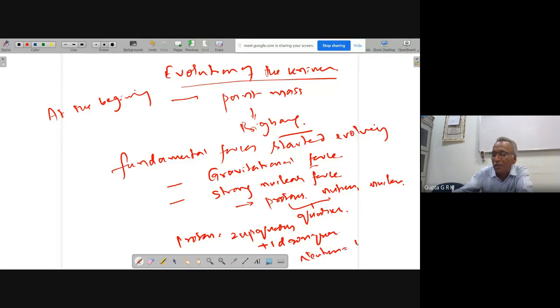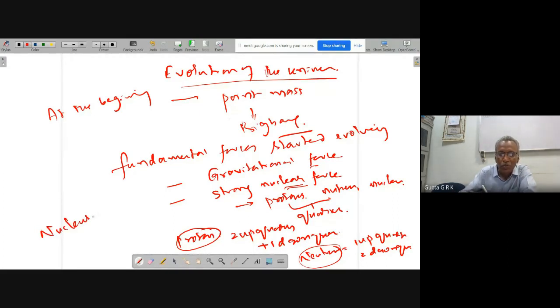Neutron is equal to 1 up quark and 2 down quarks. So these quarks are bound together by the strong nuclear force, and they form protons and neutrons. And these protons and neutrons are also bound together to form the nucleus.